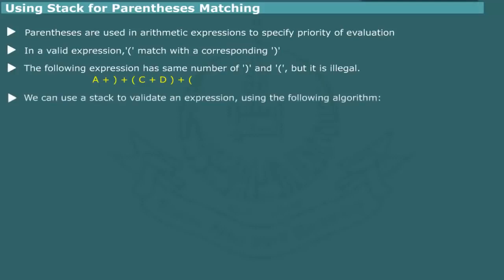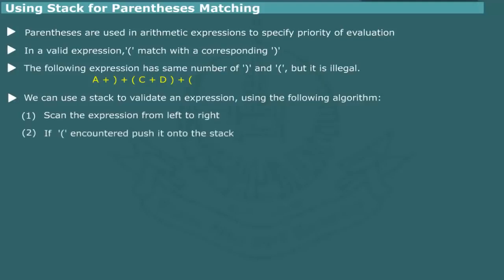We can use a stack to validate an expression by checking that for each left parenthesis there is a right parenthesis in the correct position. Here is the algorithm. Number 1. Scan the expression from left to right. Number 2. If a left parenthesis is encountered, push it onto the stack.